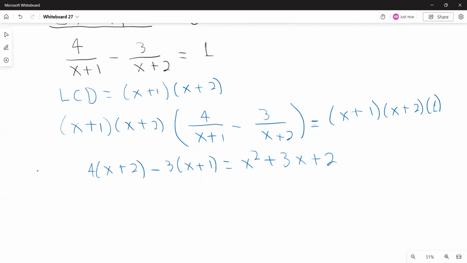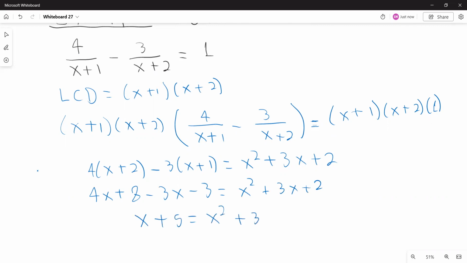We're going to simplify that, and then combine like terms. We have x plus 5. And let's write the equation in standard form. x squared plus 3x minus x is x squared plus 2x, and 2 minus 5 is -3.